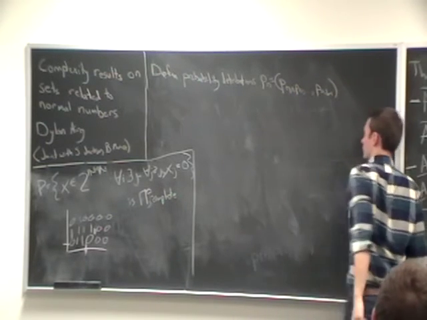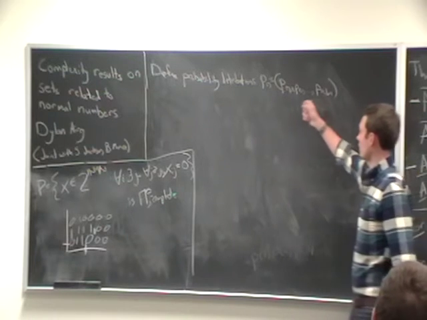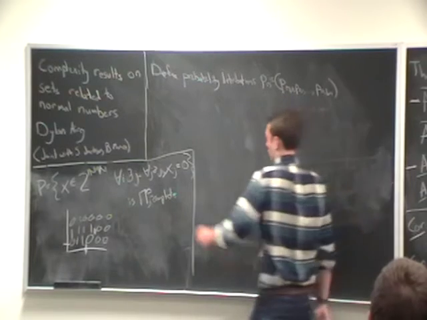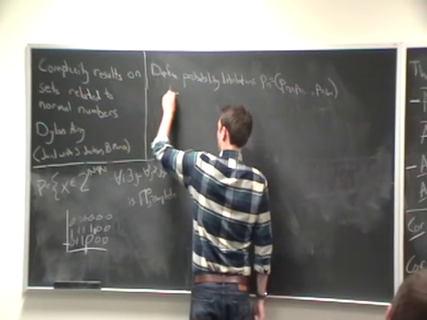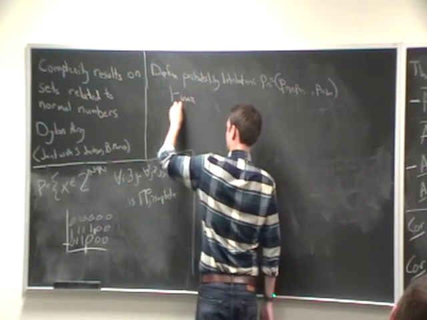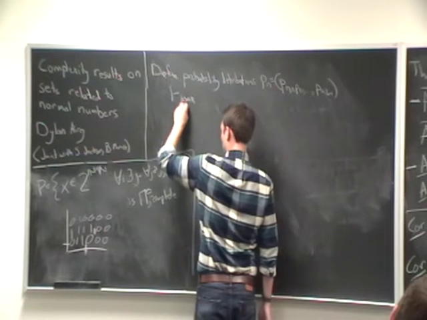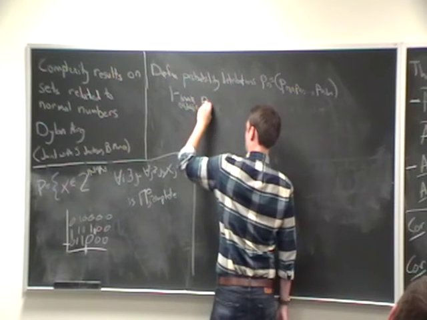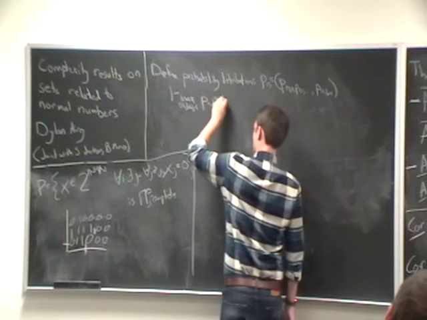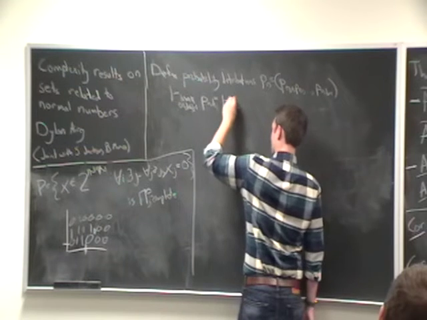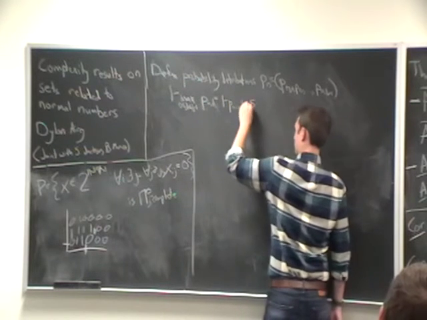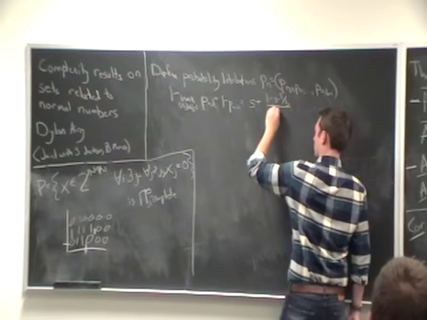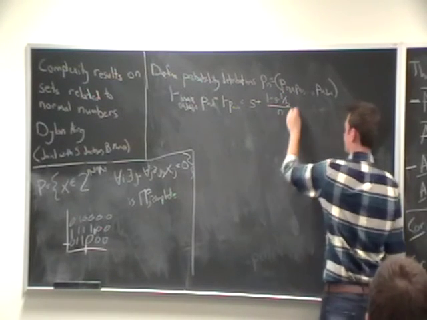So in other words, for each natural number n, we have a distribution over the symbols 0 through b minus 1, with the property that 1 minus the max over 0 ≤ d ≤ b minus 1 of p_n(d) is equal to 1 minus p_n(0), which is equal to s plus (1 minus s) minus 1 over b to the n.